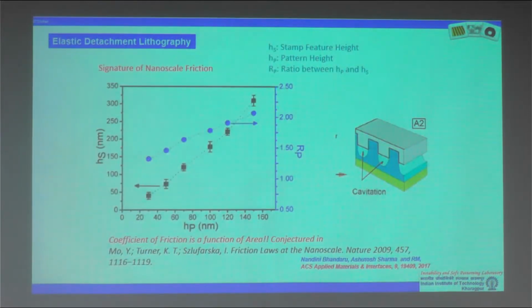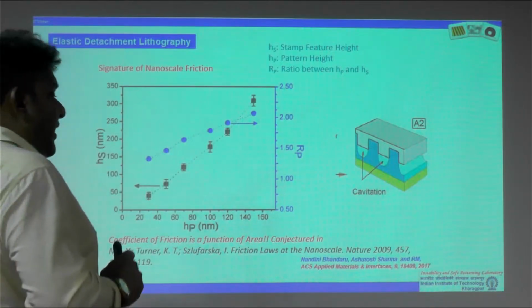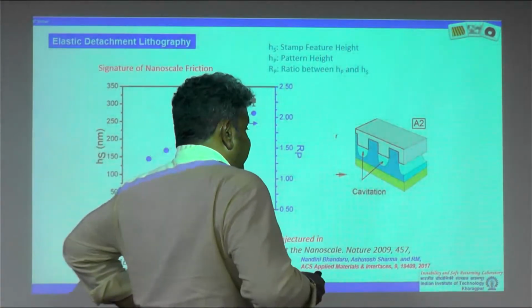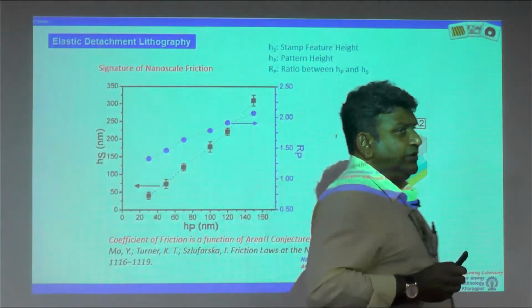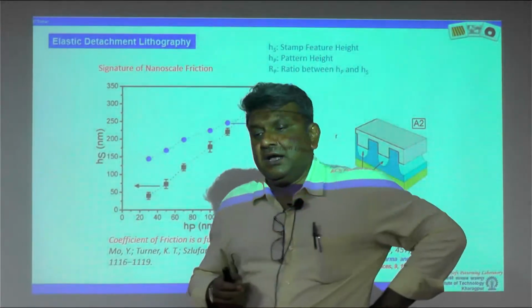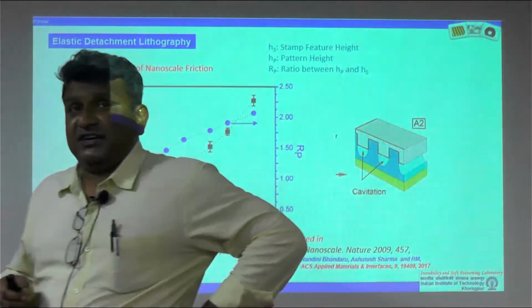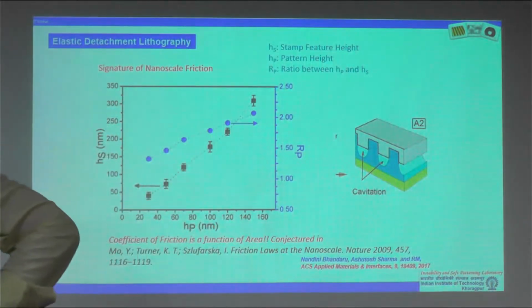We also did some very interesting in-depth studies, and one of the very fascinating results that emerged is that at the nanoscale, the coefficient of friction itself becomes a function of surface area.